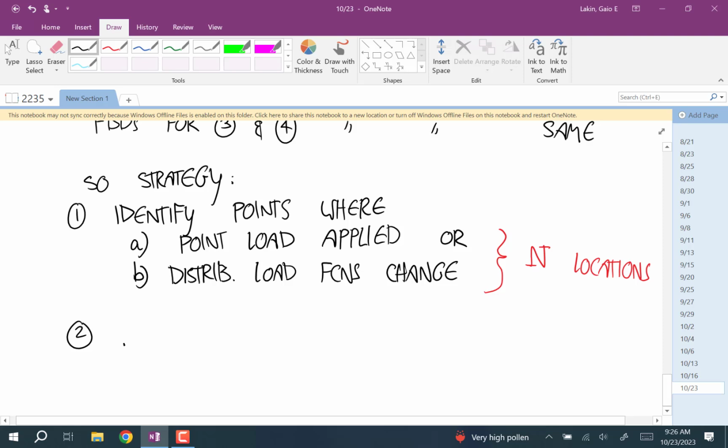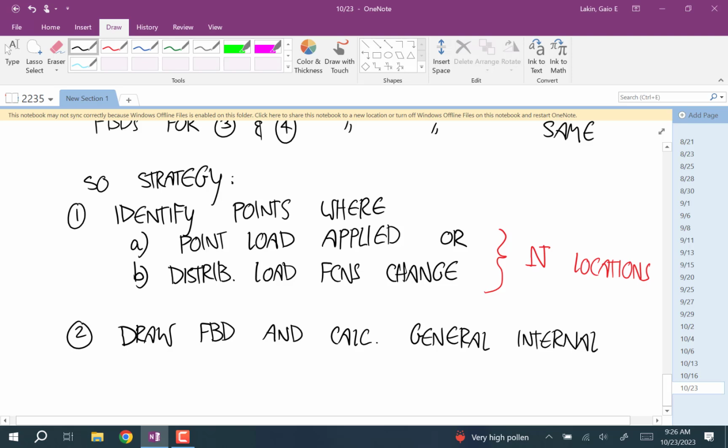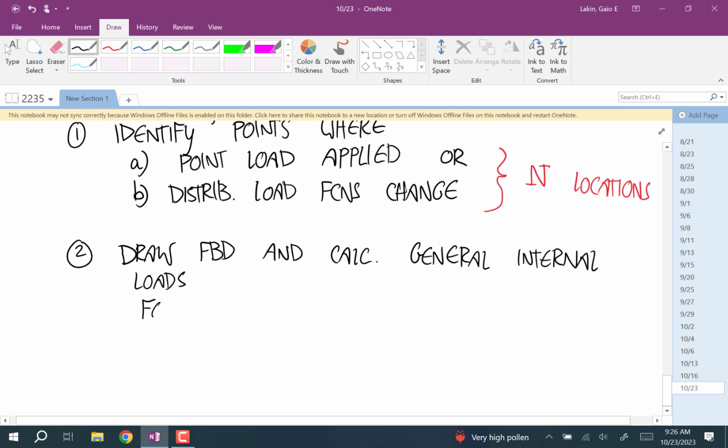Second, draw a free body diagram and calculate the general internal loads for x values between the points that you identified.